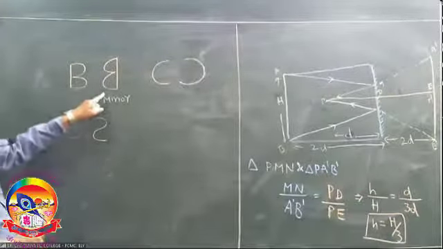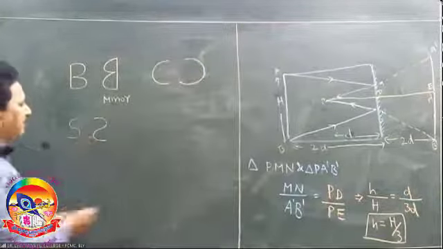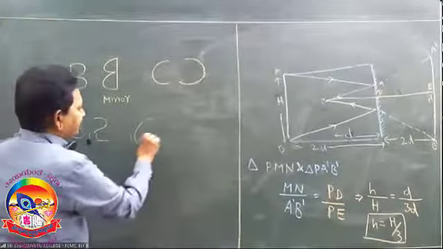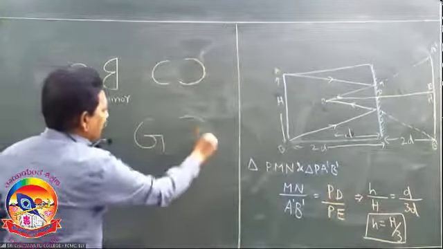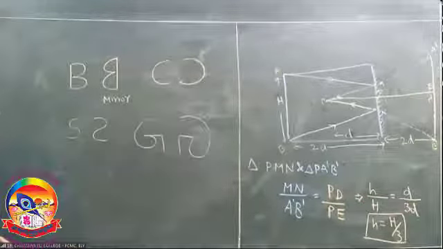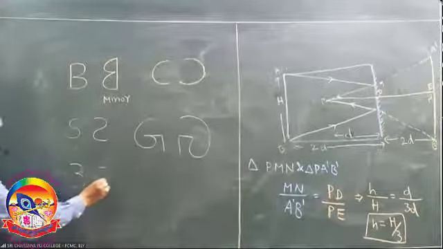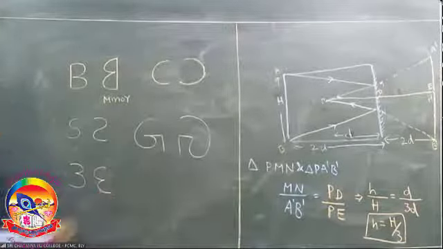B appears like this, C appears like this, S appears like this, G appears like this, and number 3 appears like this in the mirror.